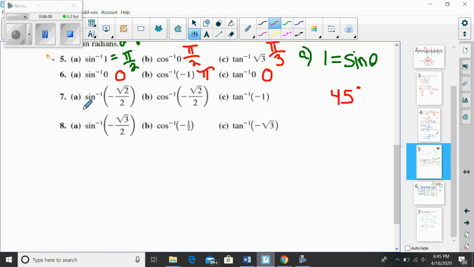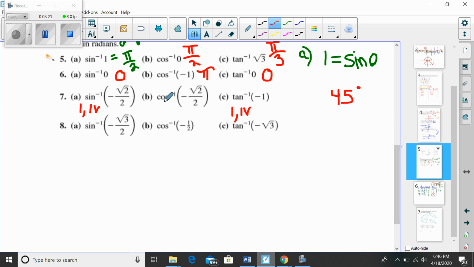Okay, so remember, sine has a restriction of quadrants 1 and 4. So does tan. Which means the output that I can get from the inverse trig function has to be in quadrants 1 and 4.